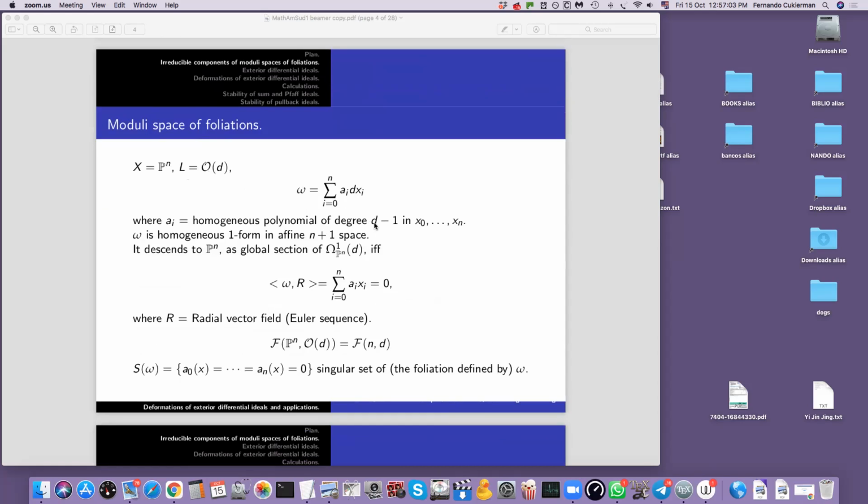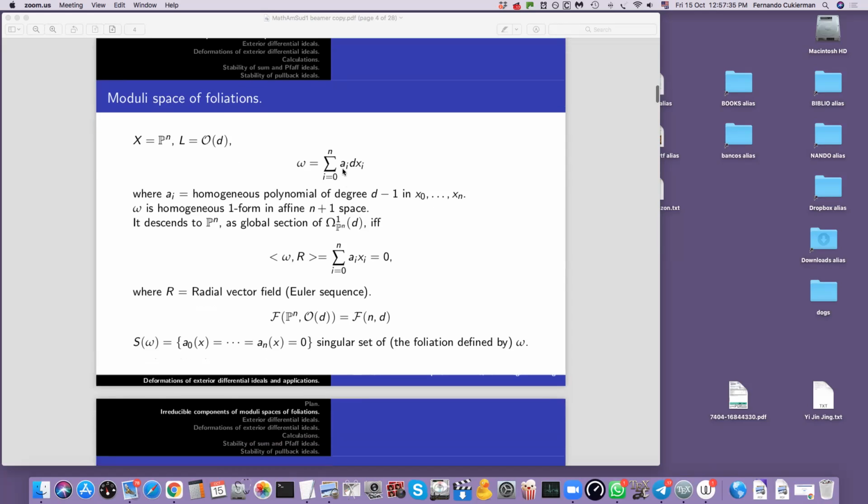I call d minus 1 the degree of these polynomials, to say that the form has degree d, because the dx_i have degree 1. So this is a homogeneous one-form, a twisted one-form by the line bundle O(d), exactly because it has degree d.